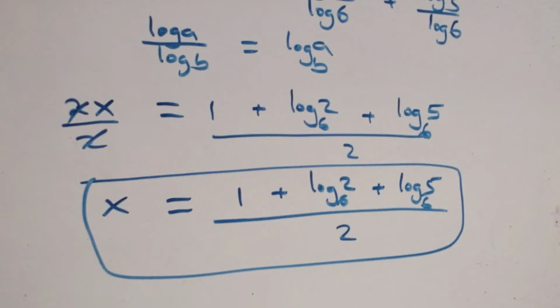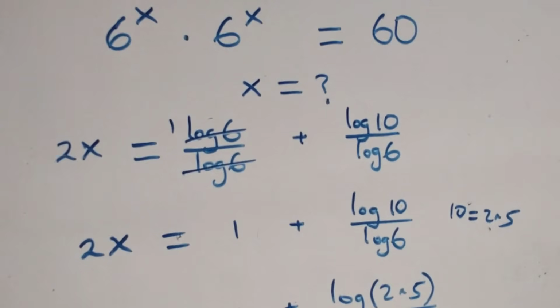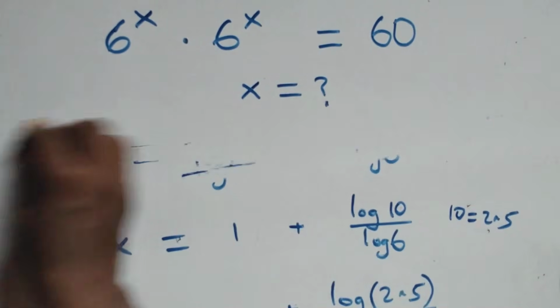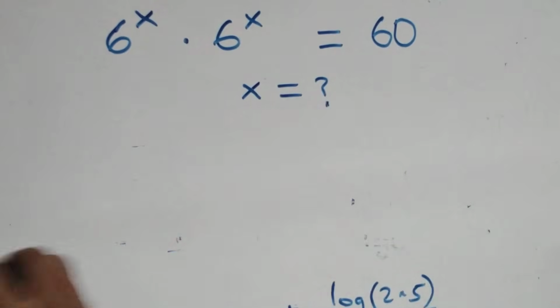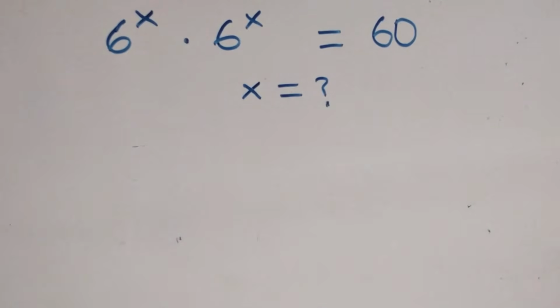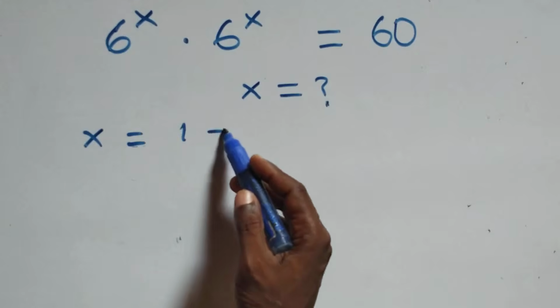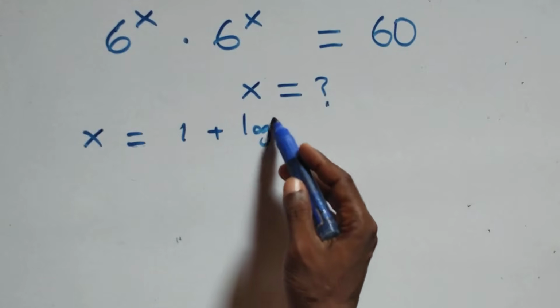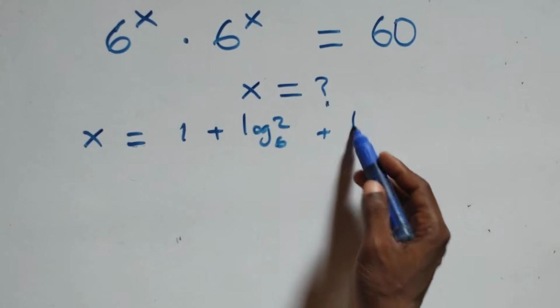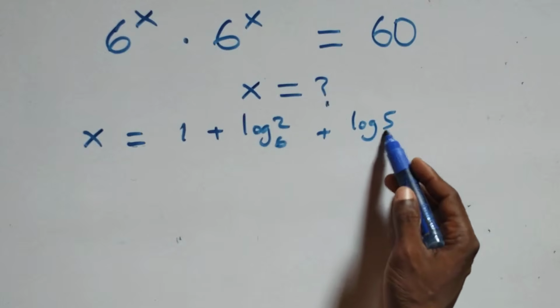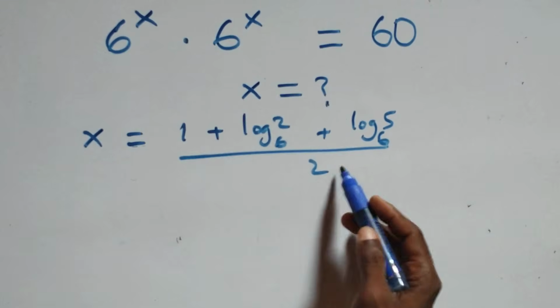Then let's check if it satisfies the given problem. We substitute the value of x, which is x equals 1 plus log 2 base 6 plus log 5 base 6, all over 2.